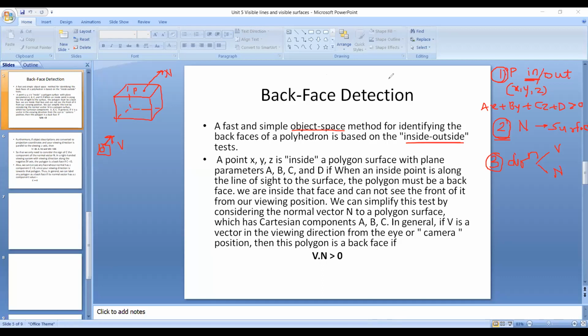Yes, students, is the voice clear now or is it still breaking? Actually, the network issue is there.